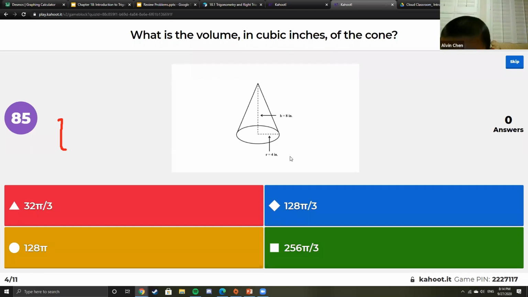Oh, I see it. Wait, what's the height? I can't see what the height is. The height is 8 inches. Okay, the radius is 4, height is 8. That's because I'm doing split screen and it's a little small.